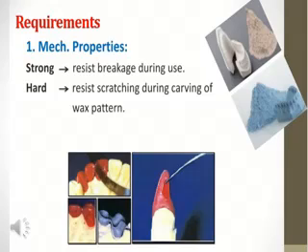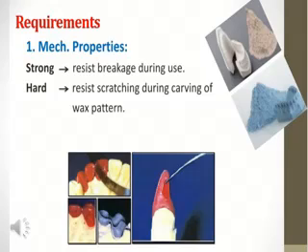Number two, hard enough. Why? To resist scratching during carving of the wax pattern. As you see in the lower photograph, we have the die, which is a replica of a single tooth, and we construct or build a wax pattern over it, and we use a specific sharp metallic instrument in order to carve the wax pattern.